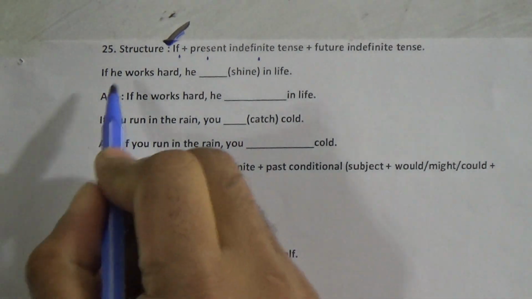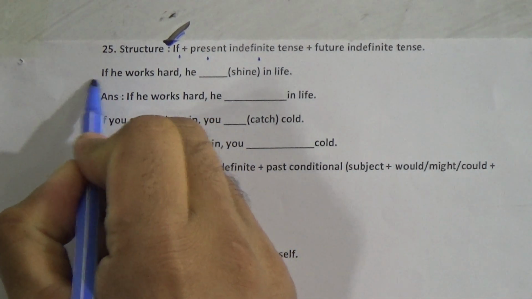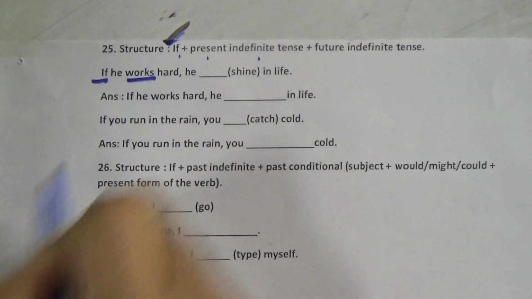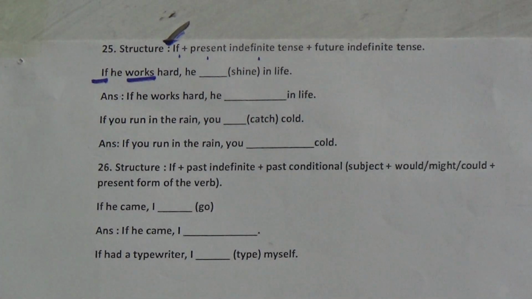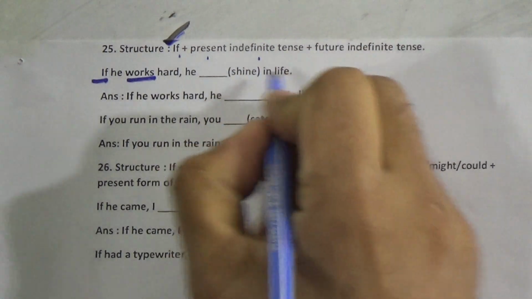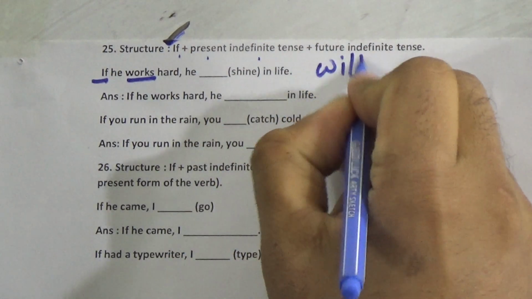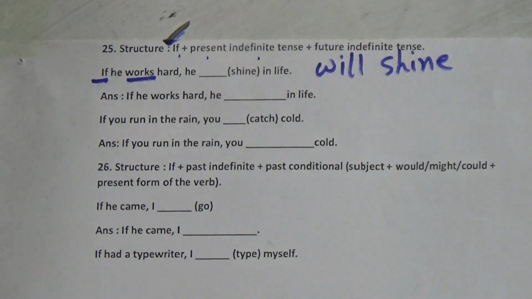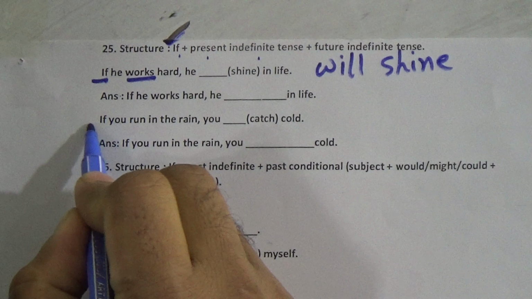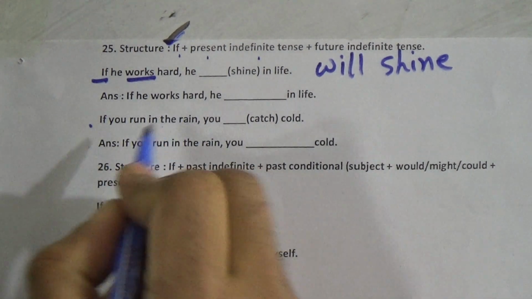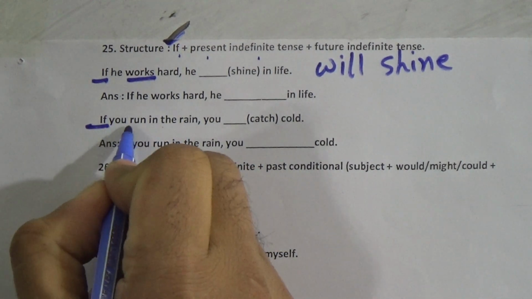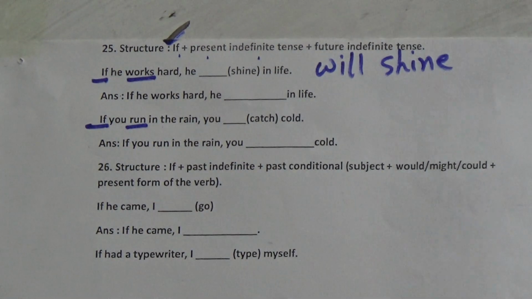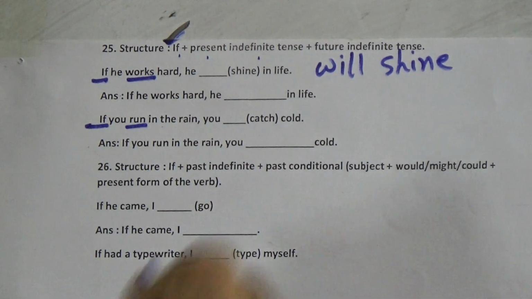Now, if he works hard, if plus present indefinite, if he works hard, he will shine. If you run in the train, here if plus present indefinite, if you run, present indefinite.